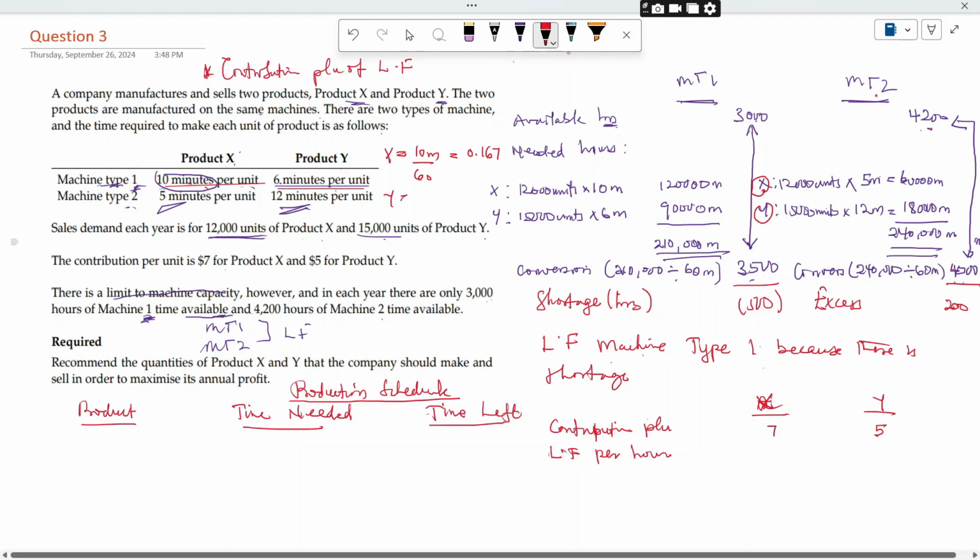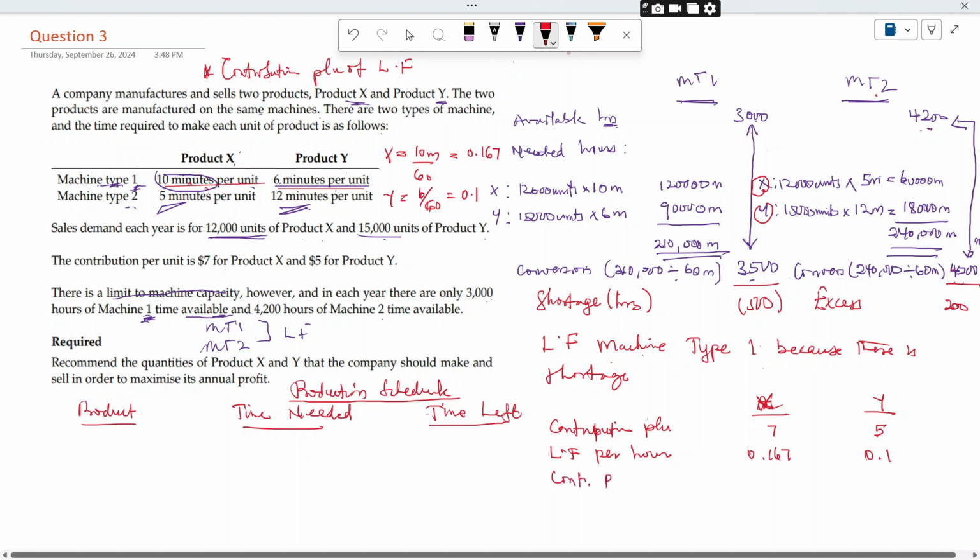And for Y it is 6 divided by 60, giving us 0.1. So 0.167 and 0.1.